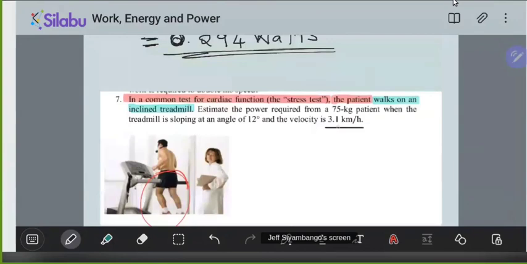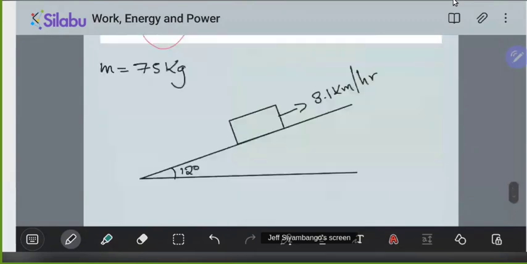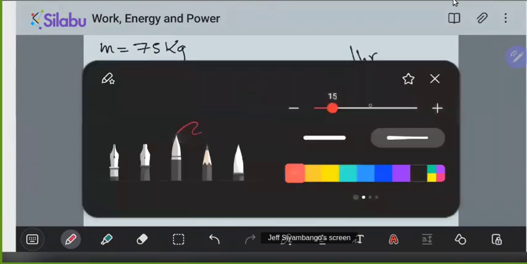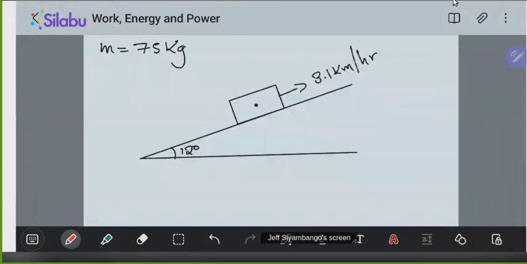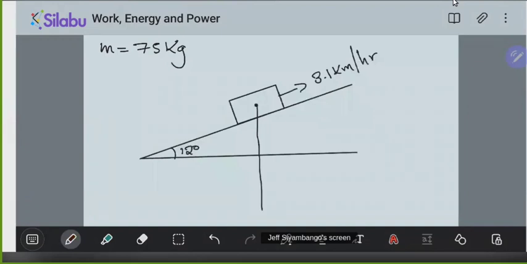Now, how do we work out something like this? You see, the logic of the treadmill is that you are exercising against your own weight. What do I mean? Well, you know that for an object on the inclined plane, the weight of such an object will be broken down into two components.